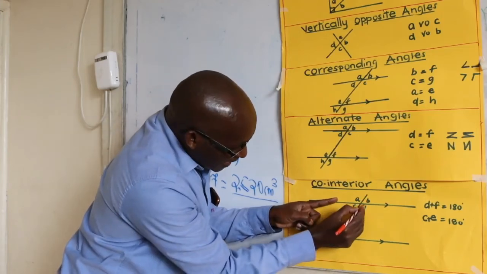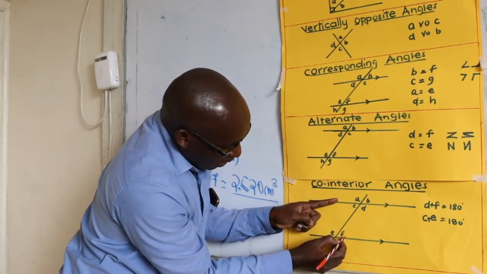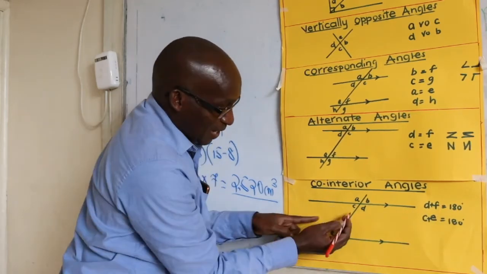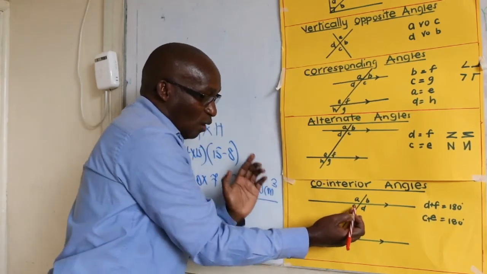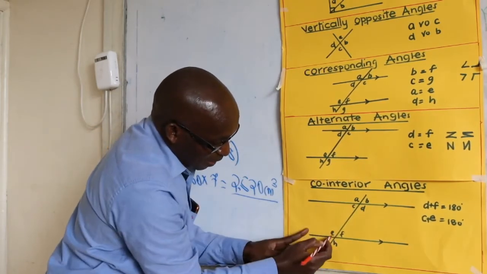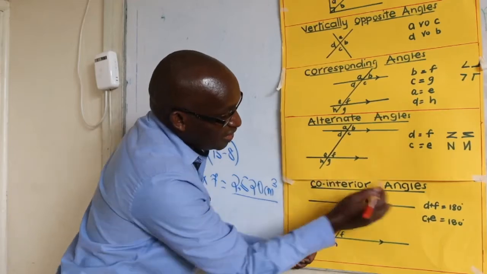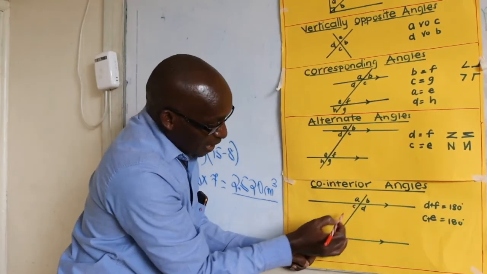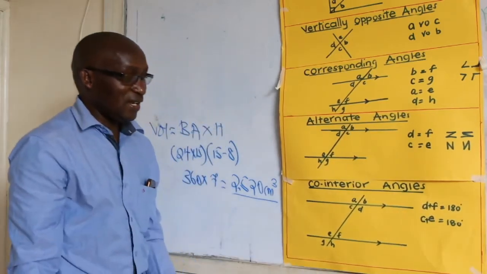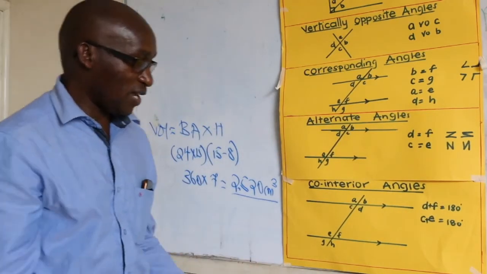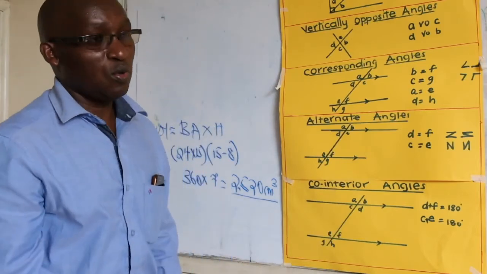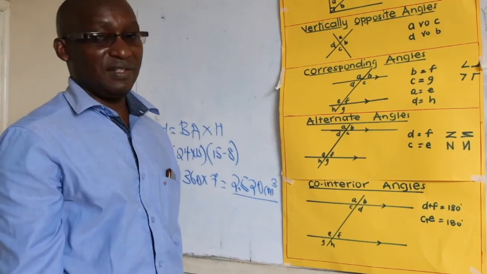If you add this angle here, which is angle D, and angle F, the sum is 180 degrees. The same case applies to the other angles on the other side of this particular transversal. Angle C plus angle E are referred to as co-interior angles. When you get the sum of these two angles, you'll get 180 degrees. So the conclusion that you make there is that co-interior angles add up to 180 degrees.